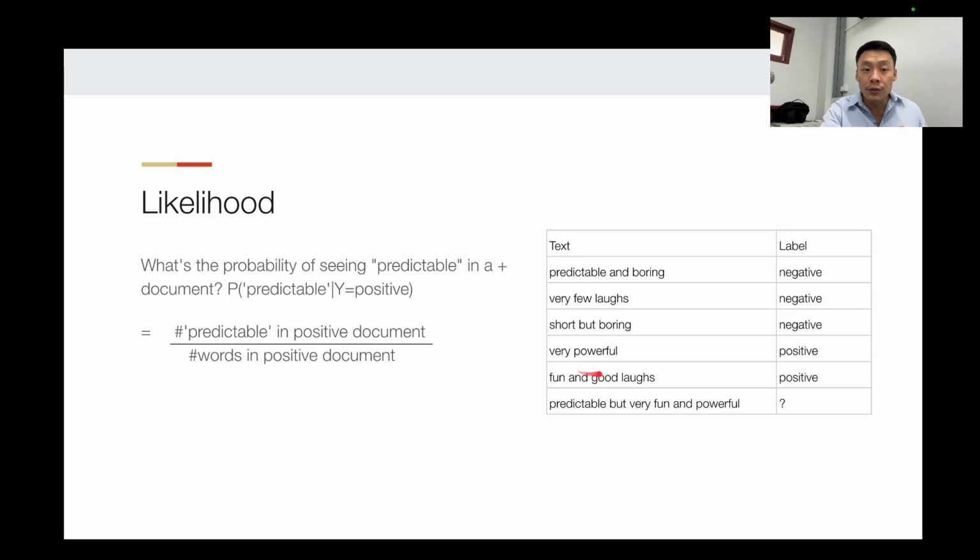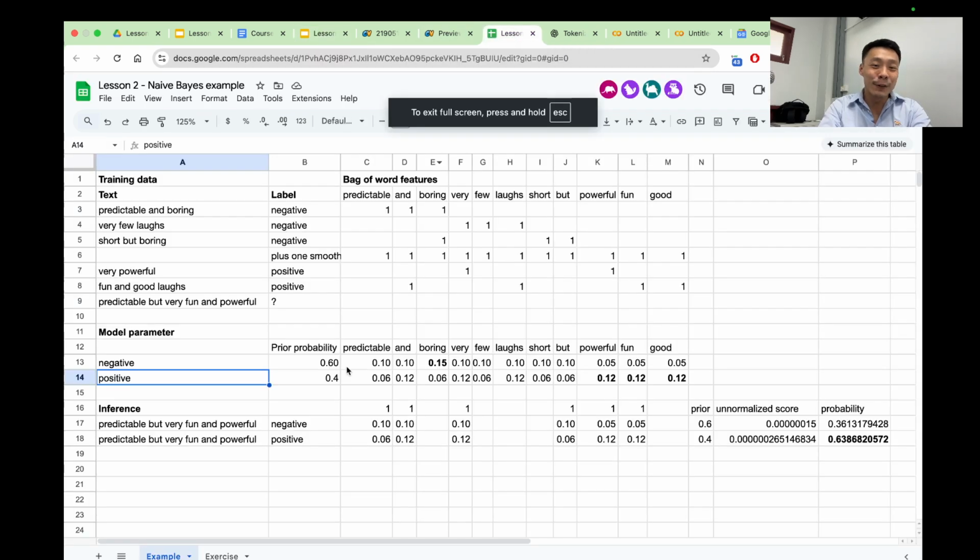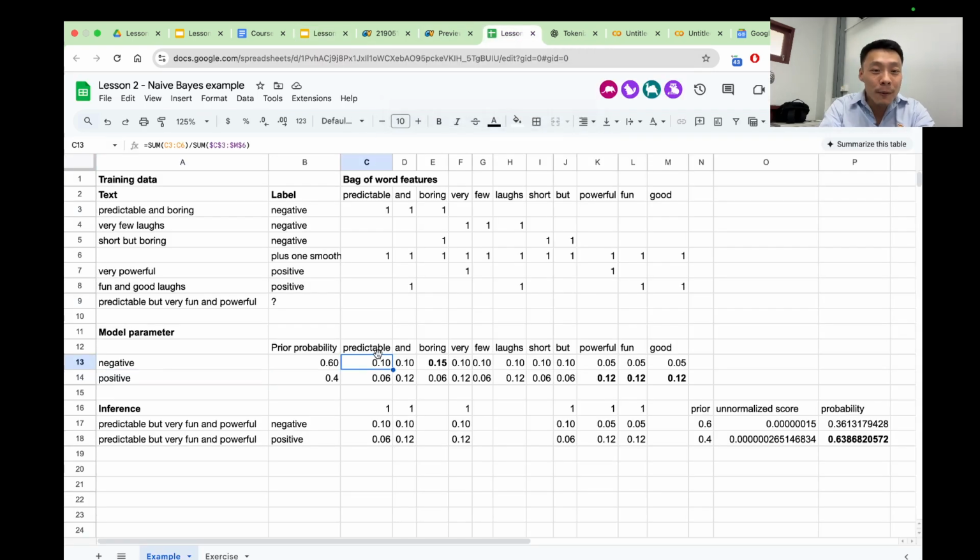It's 0, and that's fine. If you look at predictable, negative, how many times do you see it? It's 1 out of all of the words that you see. So yes, something like that.